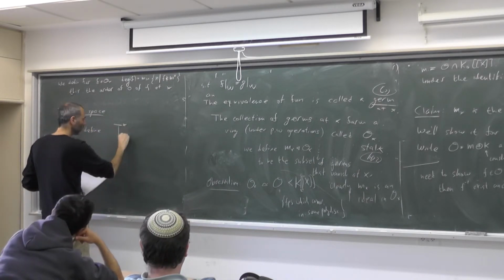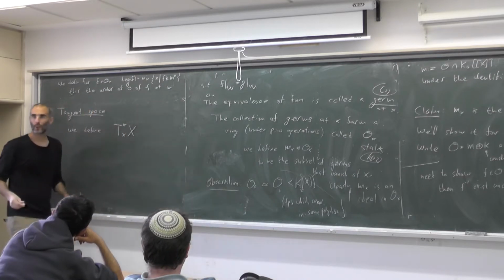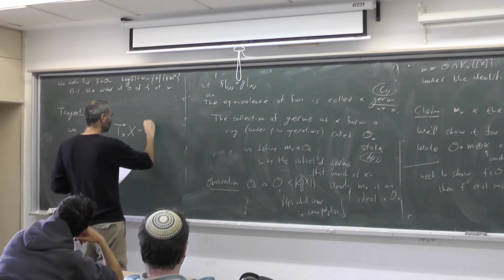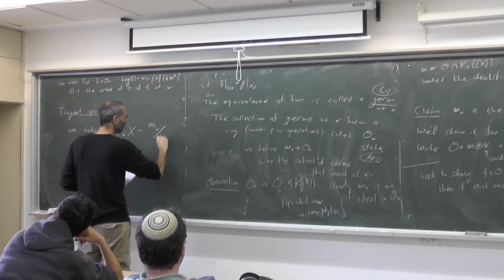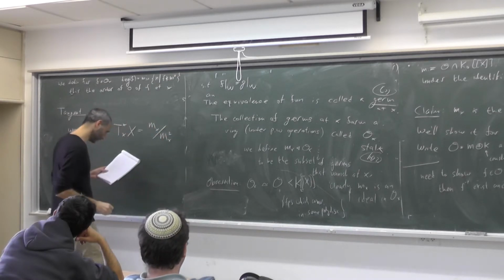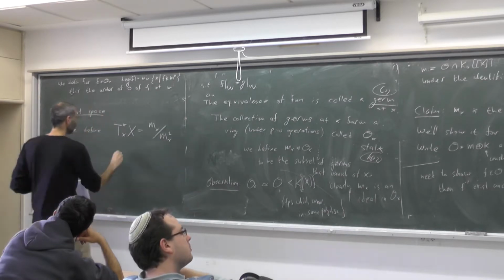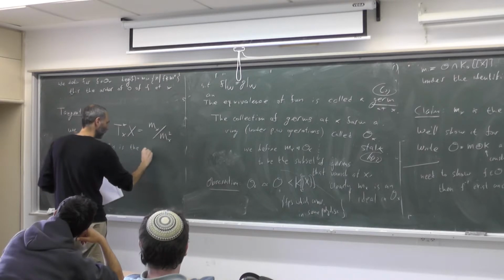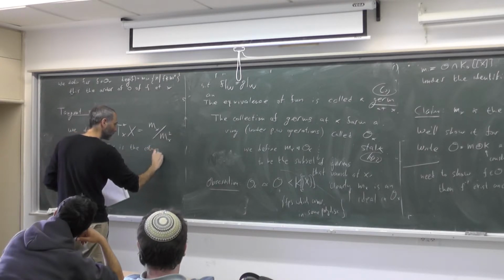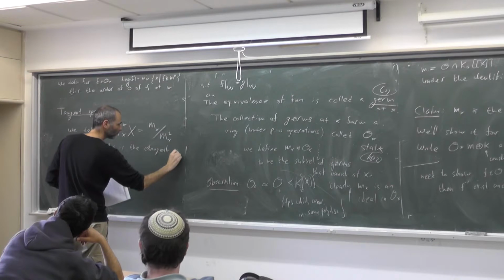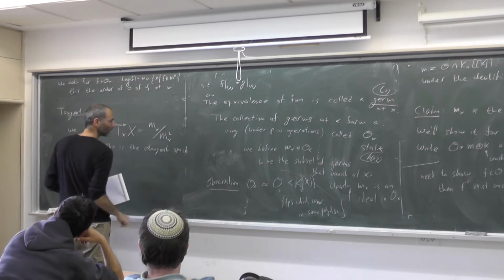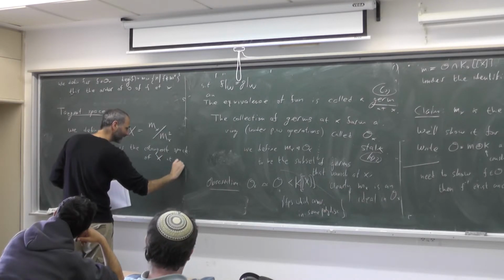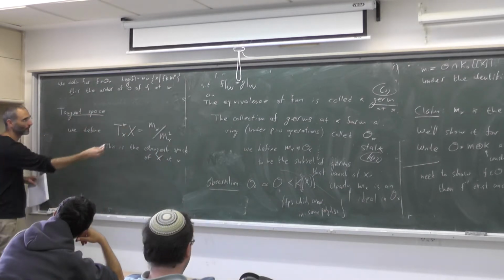As usual, we define first the cotangent space to be mx over mx squared. The cotangent space of X at x.